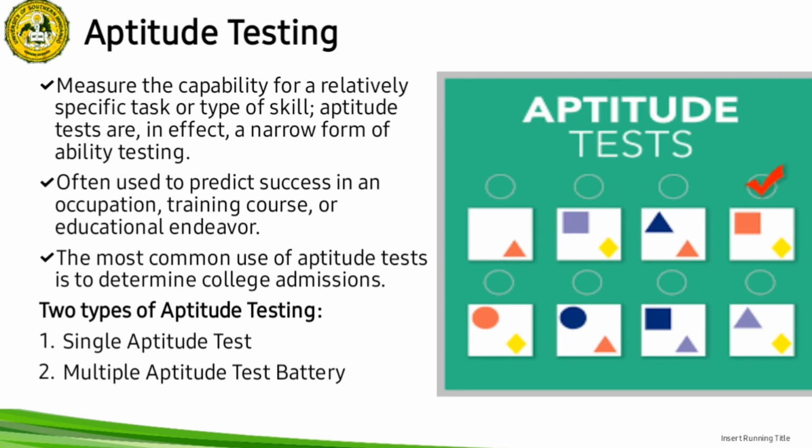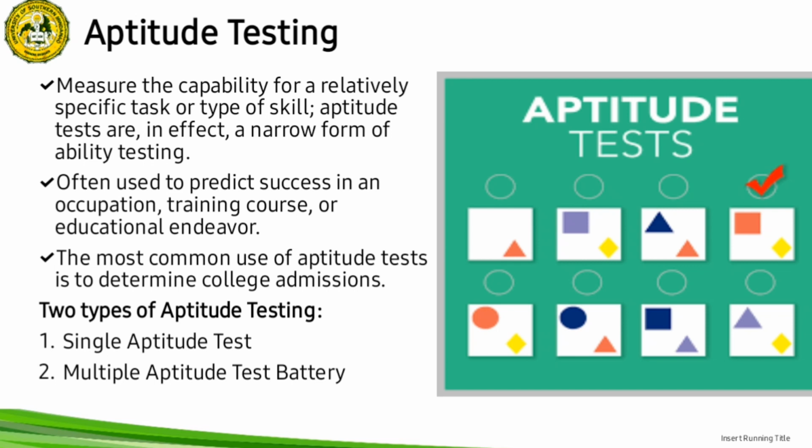Also, it is often used to predict success in an occupation, training course, or educational endeavor. Let's say, for example, measures of musical talents. A series of tests covering pitch, loudness, rhythm, time, timbre, and tonal memory can be used to identify children with potential talent in music.